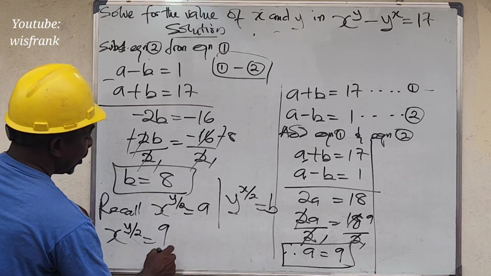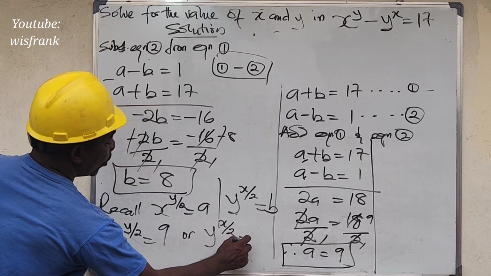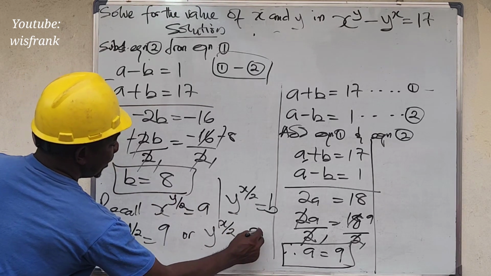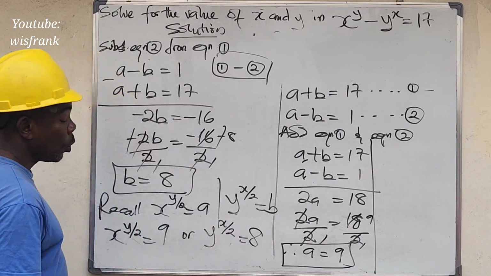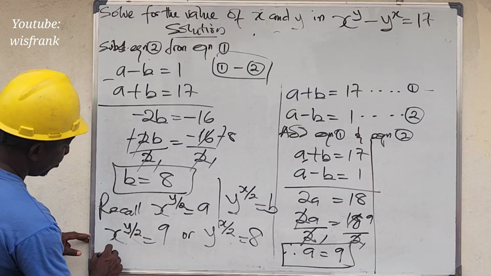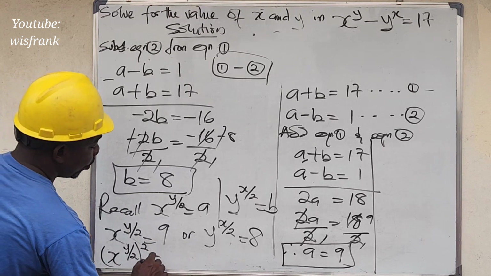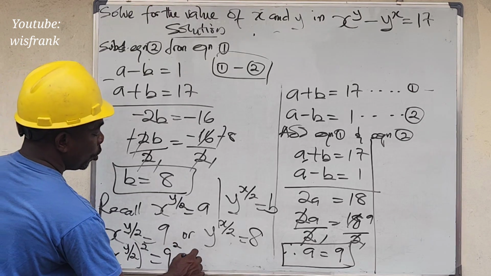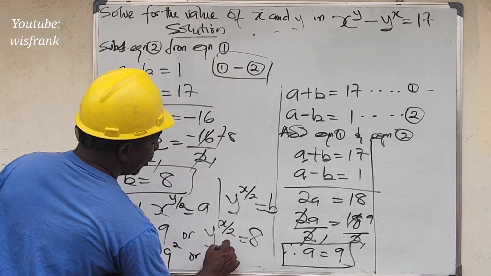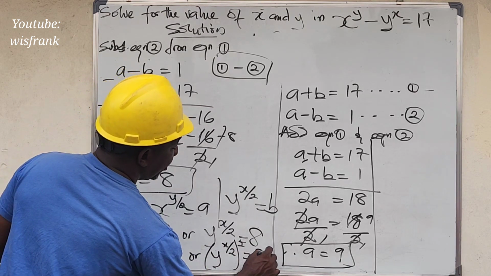Our a is 9, and our b is 8. So this is what we have. We can further simplify this by squaring both sides. So this will become x to the power of y all over 2, all to the power of 2, equals 9 to the power of 2. We have y to the power of x all over 2, all to the power of 2, equals 8 to the power of 2.